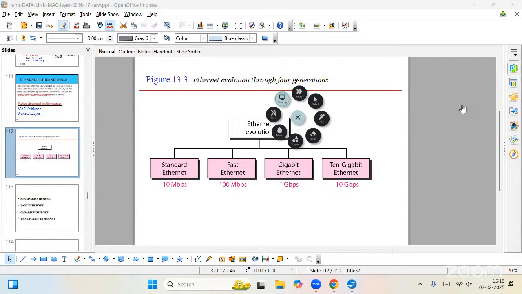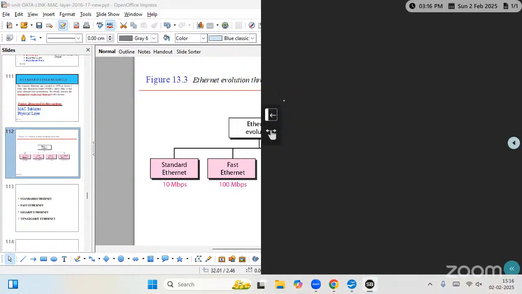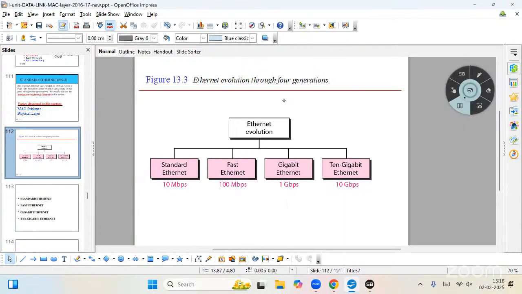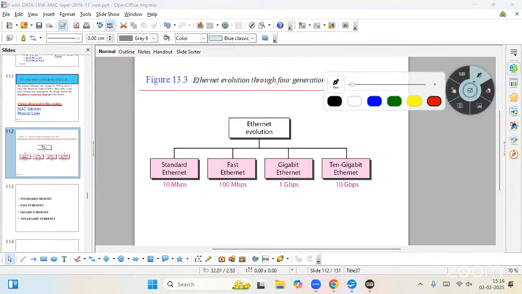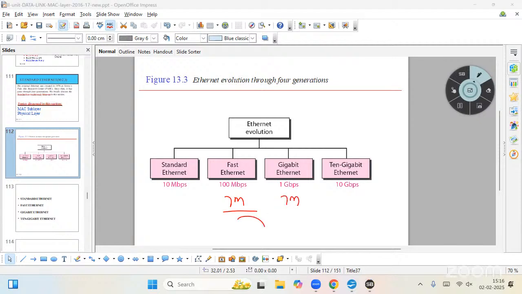It depends upon the examiner. Sometimes they will ask 7 marks, sometimes both combined. If the question is complete, covering standard Ethernet, Fast Ethernet, Giga Ethernet, they will ask for 14 marks also: explain about various Ethernets, or individually they will be mentioned.